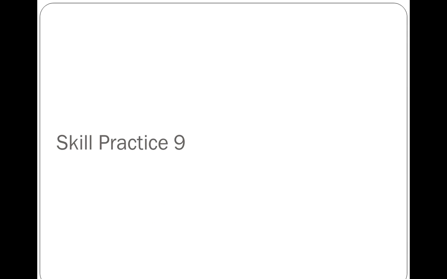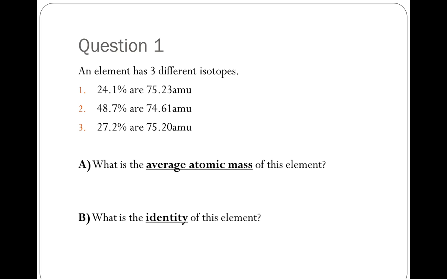All right, let's start the skill practice 9 assignment. Question 1. An element has three different isotopes. 24.1% are 75.23 AMU, 48.7% is 74.61 AMU, and 27.2% are 75.20 AMU. What is the average atomic mass of this element?